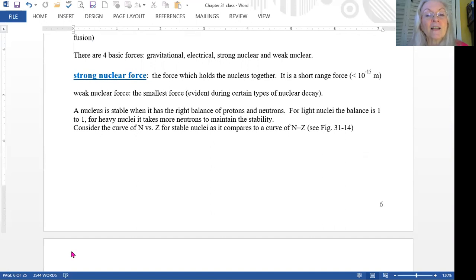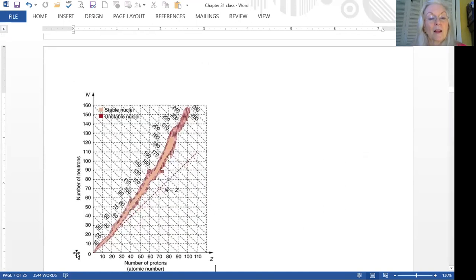If we look at the N versus Z curve on the following chart, we have number of neutrons on the y-axis and number of protons on the horizontal axis, and N equal to Z, so a 1-to-1 ratio, is right here. You'll notice in the light nuclei, they're stable. Stable is the pink region, and all these little red dots are the unstable ones.